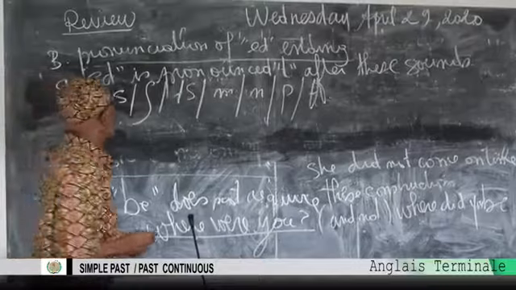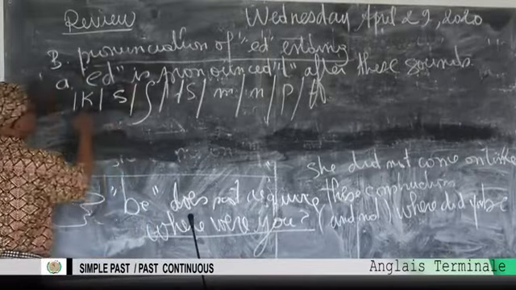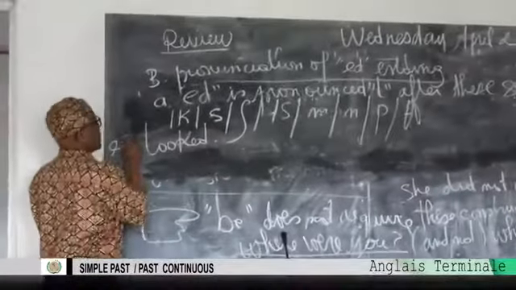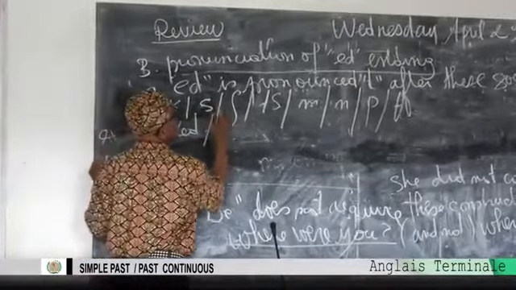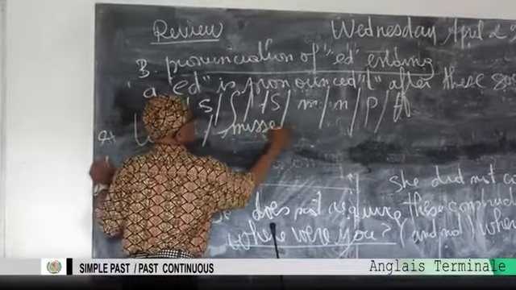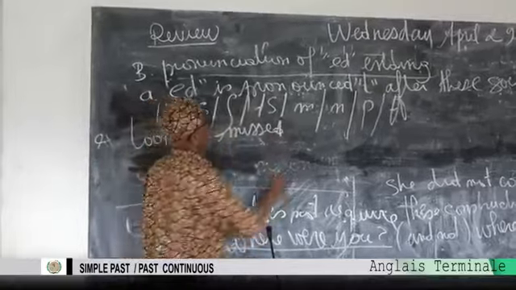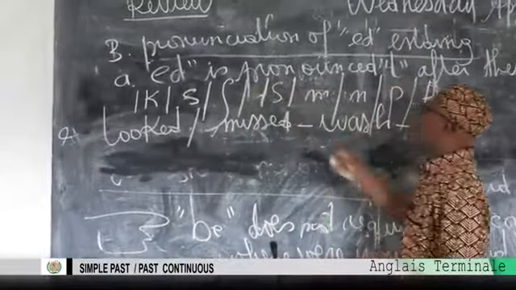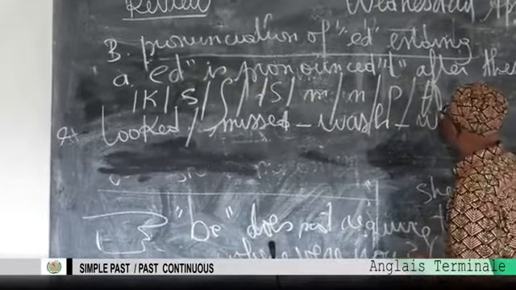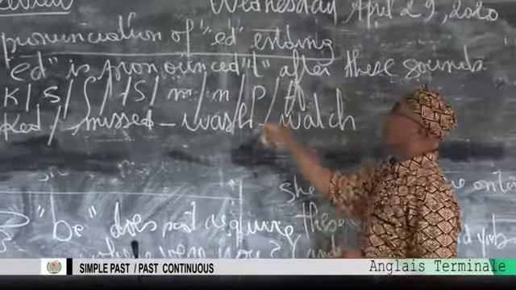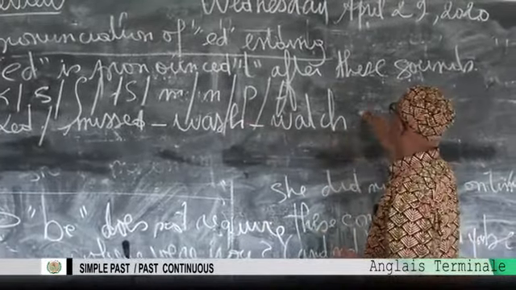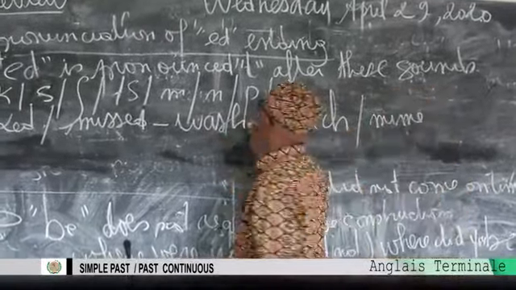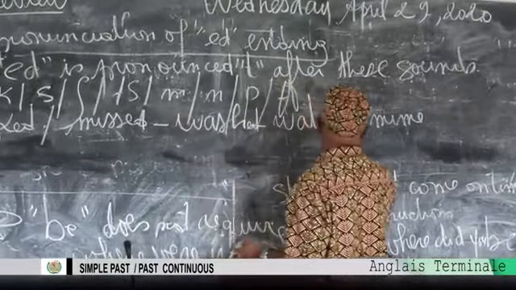To give you an example for each sound, for example, k, you have looked. S, missed. Sh, as in wash. Ch, as in watch. M, as in mime. We say mimed, okay? Missed, washed, watched, like this.